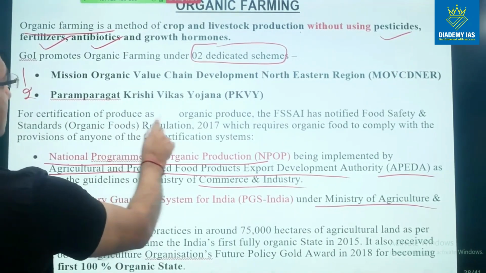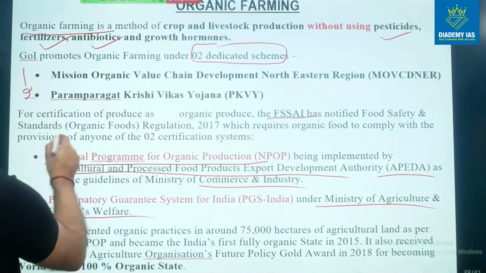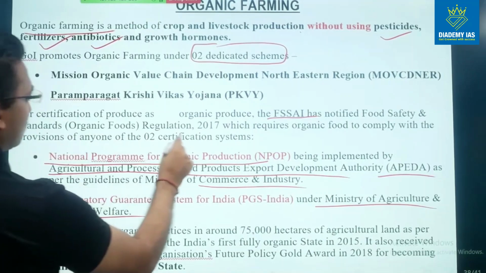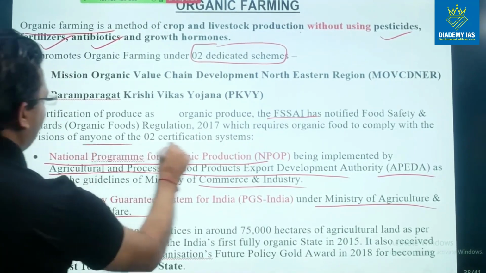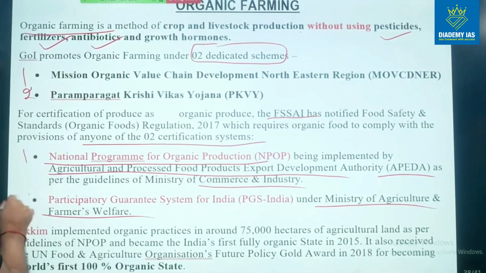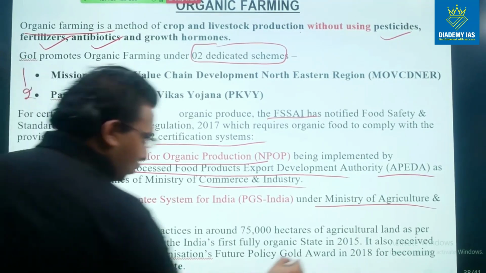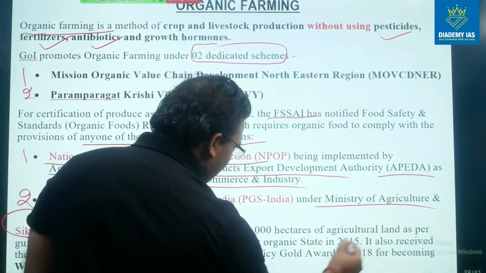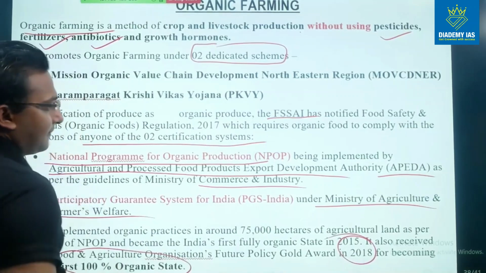For certification of produce as organic produce, FSSAI has notified Food Safety and Standards Organic Food Regulation 2017, which requires organic food to comply with provisions of any one of the two certification systems. तो ये certification system है National Program for Organic Production and Participatory Guarantee System for India. Sikkim has been declared as the first 100% organic state in 2018. It got the award, है ना, as the world's first 100% organic state.